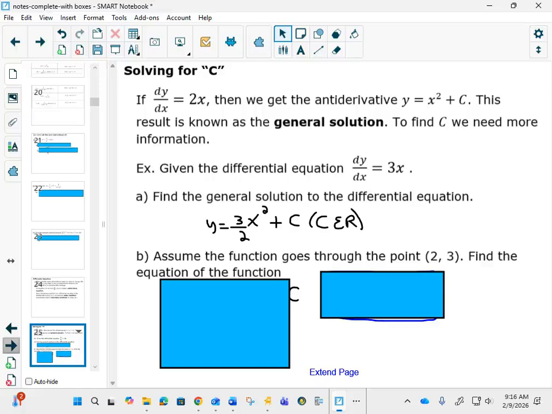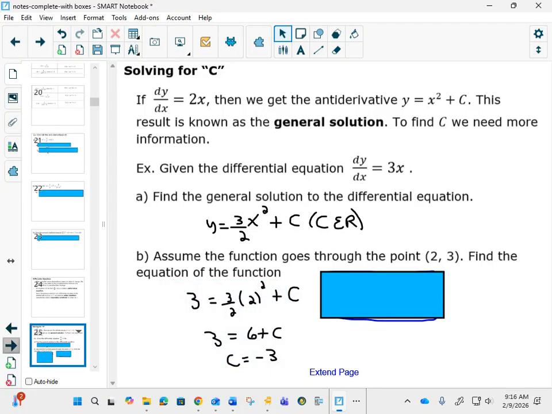Well, we could plug in 2 for x, plug in 3 for y, and that would allow us to solve for c. And then once you've got c, you could rewrite your equation with the c value.